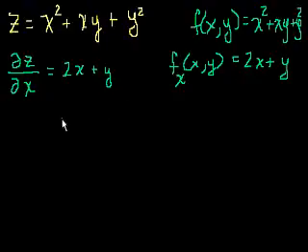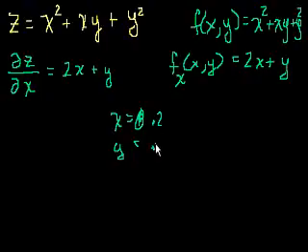Now, what does this mean? What is the slope of z with respect to x when x is, let's pick smaller numbers, when x is equal to 0.2 and y is equal to 0.3? We could use this.